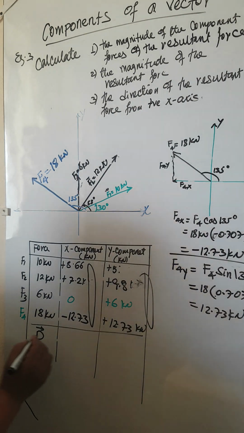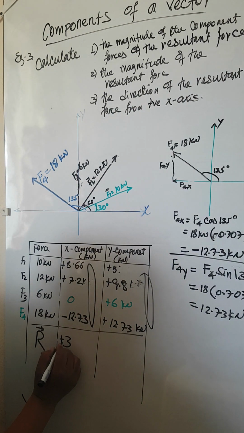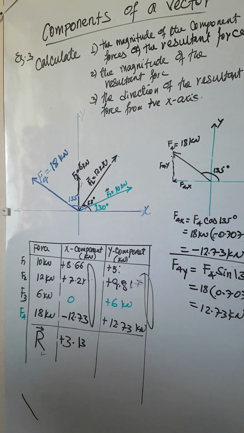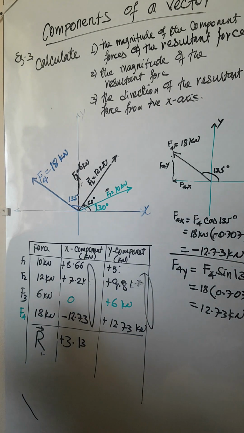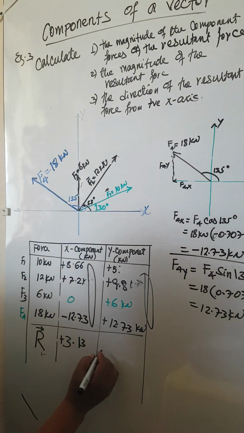Along x, we do have positive 3.13 kilonewton. Along y, this is positive 5 plus 9.6 plus 6 plus 12.73. This is 33.53 kilonewton.